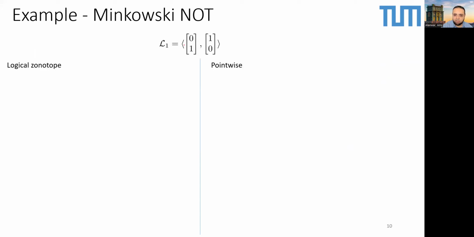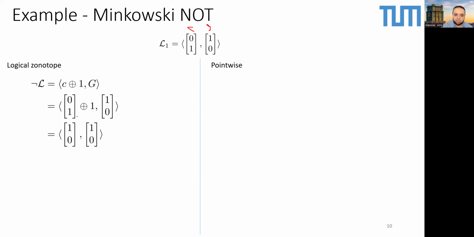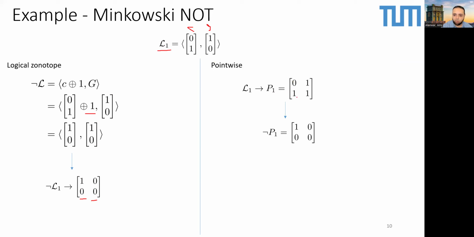For example, we have here one C and one generator, and we XOR the C with 1, we will get 1, 0, 0, 0 as 2 binary vectors. In the point domain, if you convert L1, we will get 0, 1, 1, 1, and you for loop over all the binary vectors, you will get 1, 0, 0, 0, equivalent to the logical zonotope operations.